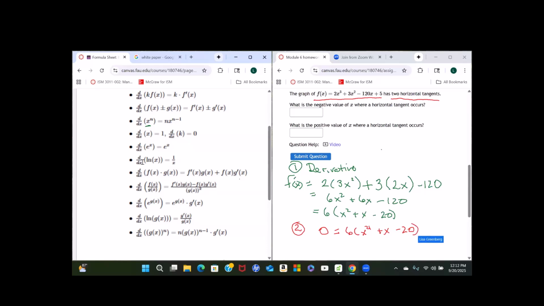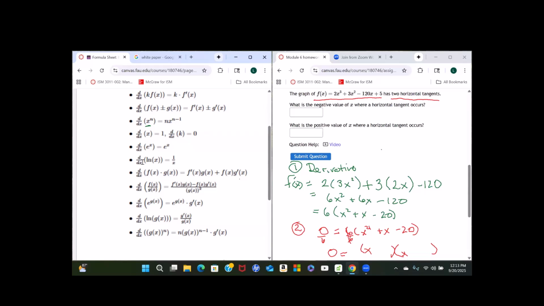Does that make sense? Yeah. And then what could I do next? Factor. Well, I can divide both sides by 6 because obviously it's not going to matter. It's still going to be 0. I just want to factor this. I get 0 equals, factor this for me.